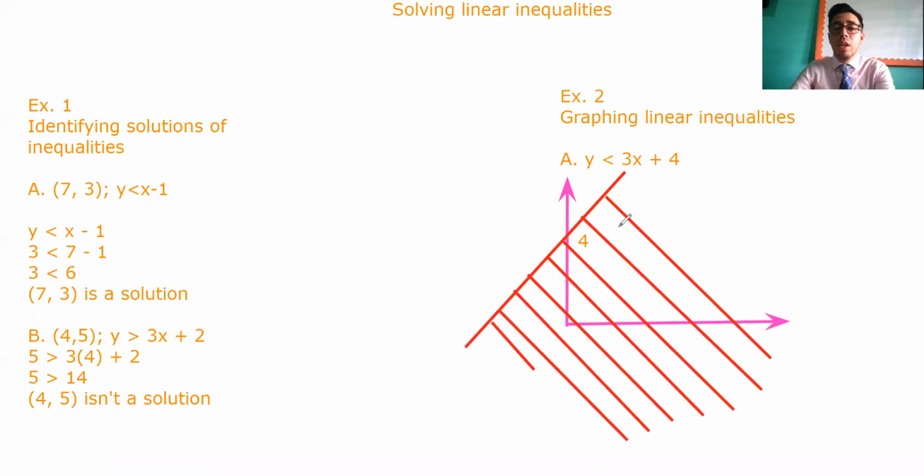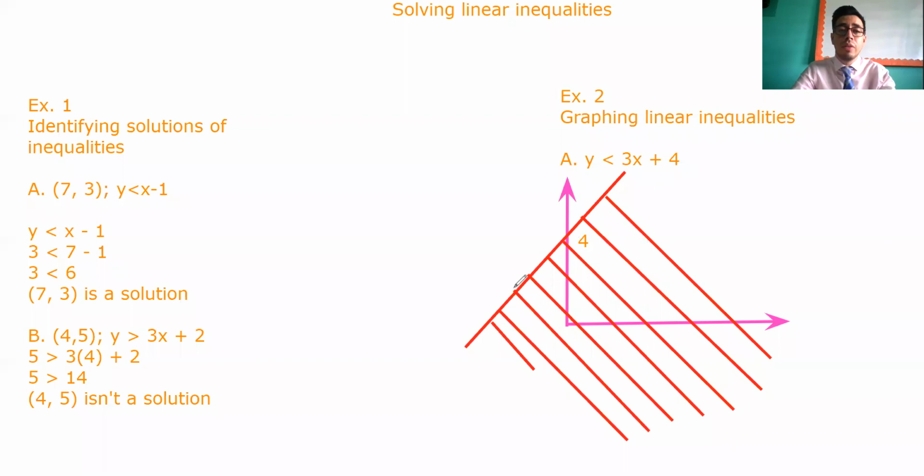Okay. Yes. Graphing linear inequalities is the same. I have the inequality y less than 3x plus 4. So you need to fit this inequality, okay? You need to fit this condition. The values you are going to take have to be less than this value. So for the values less, you are going to take the values below the graph.